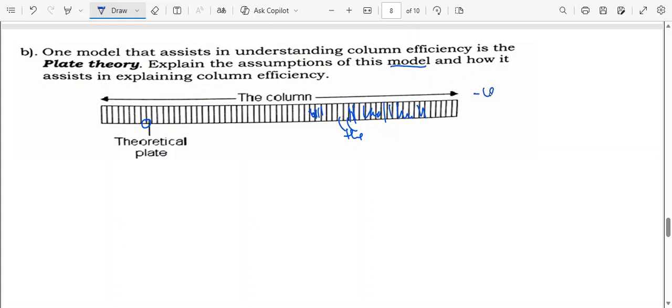So it assumes that the column contains many equilibrium stages.